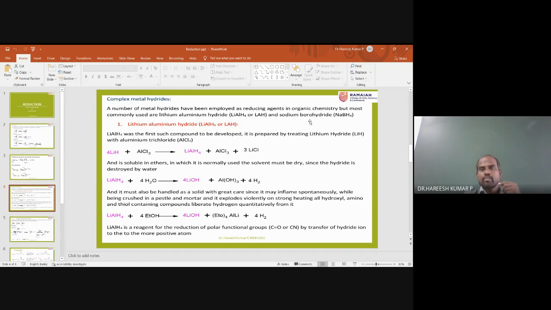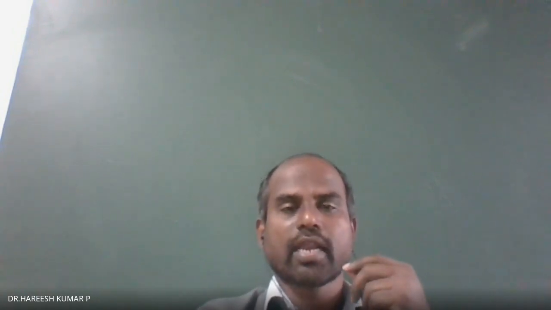Similarly, sodium borohydride, NaBH4, also belongs to the complex metal hydrides. These complex metal hydrides act as a source of hydride. Hydride means H minus. What will H minus do? It can add to an electron deficient carbon or electron deficient species.